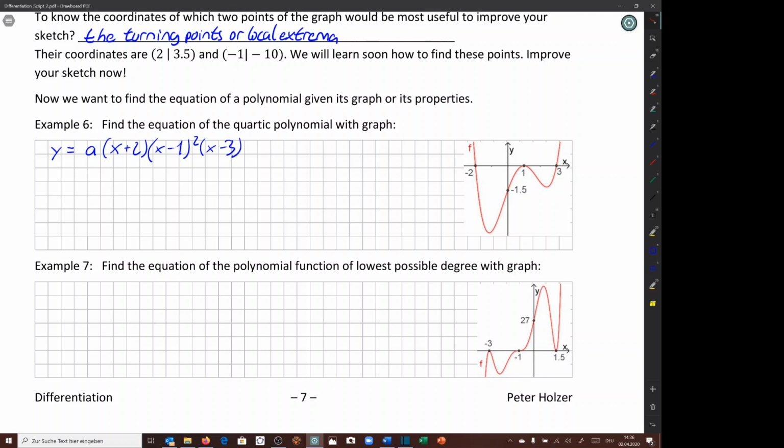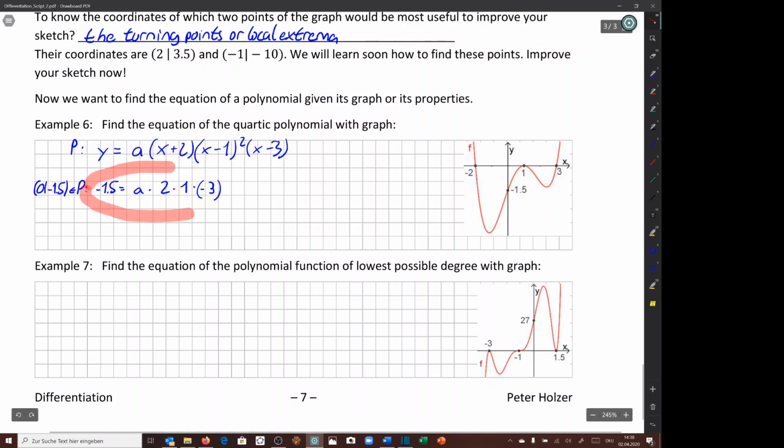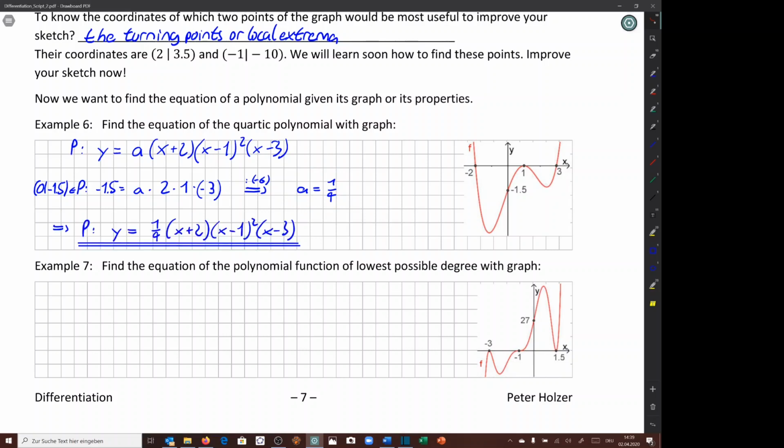Now let's insert the y-intercept and we get this equation here, since 0 minus 1 squared is 1 here, and next step, let's find the a by dividing here by minus 6, we find a is equal to 1/4. Now inserting the a into this equation p, we get the final result for our polynomial.